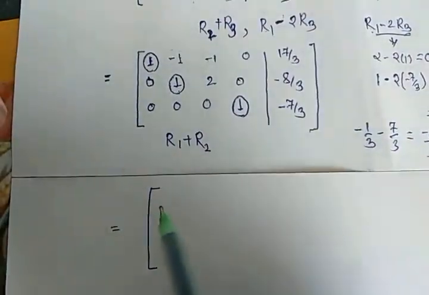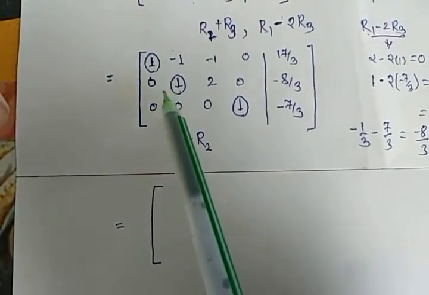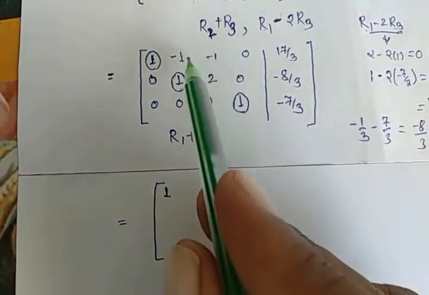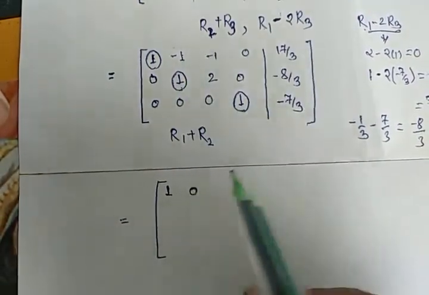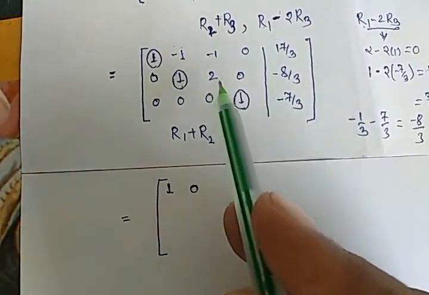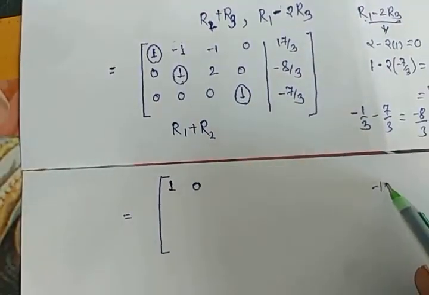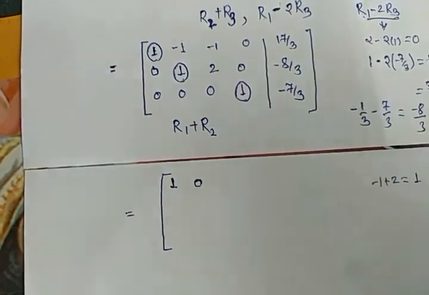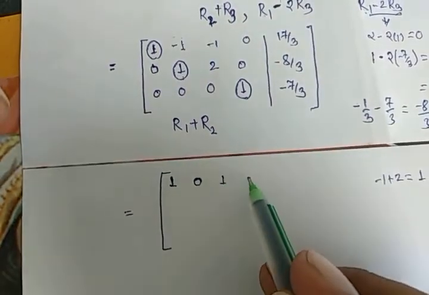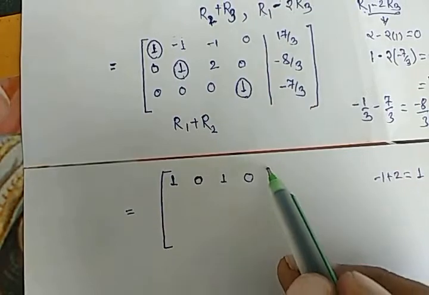So here we get first row R1 plus R2: 1 plus 0 is 1, minus 1 plus 1 is 0, minus 1 plus 2 is equal to 1, so it will be 1. Next it is 0 as it is.